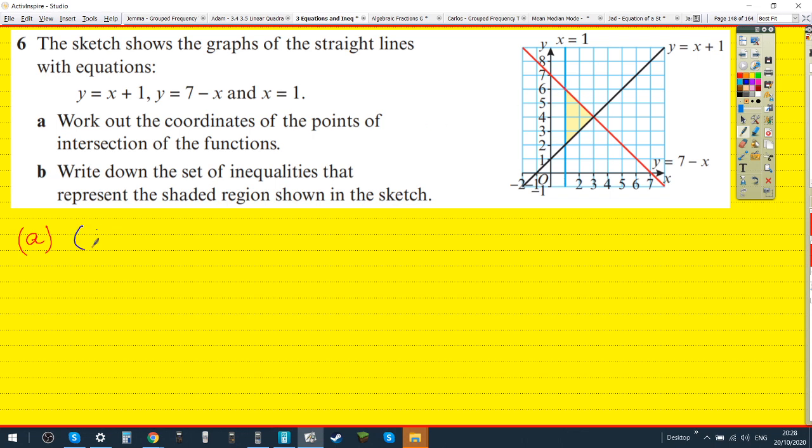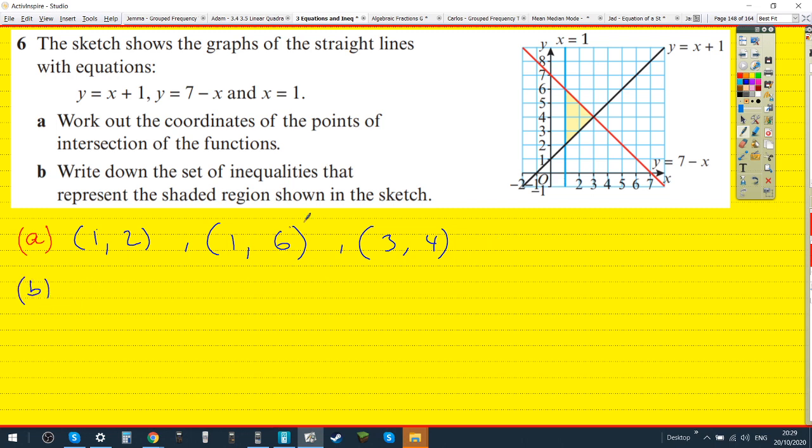So, 1, 2 and 1, 6. Okay. And just by looking at it, any other points of intersection anywhere where they cross over? 3, 4. Well, the intersection. Yeah, so those, they didn't specify which ones. So, okay.